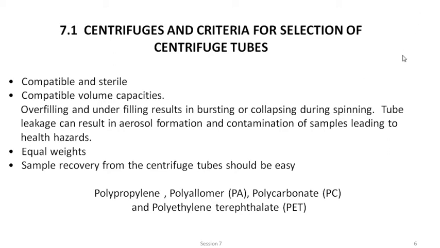You're going to put your sample into those centrifuge tubes, and hence your centrifuge tubes should be compatible with the machine. It has to fit into it properly, and it should be sterile because you do not intend any reaction of your analyte with the centrifuge tube. Therefore, your centrifuge tube should be compatible and sterile.